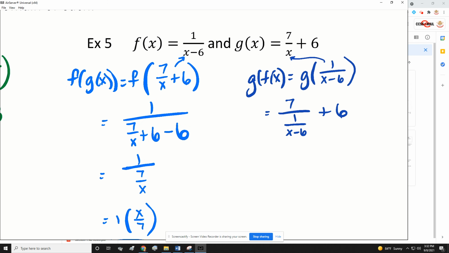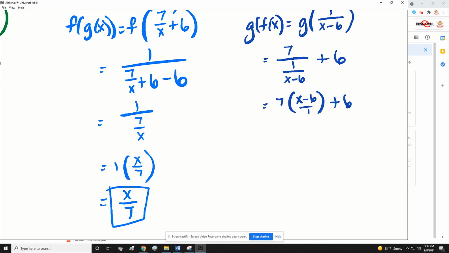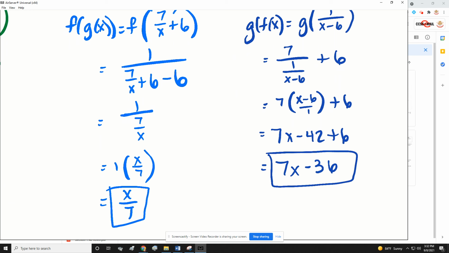I hate the way that looks, so let's fix it. We're just going to take 7 and then multiply by the reciprocal of that. So we get 7x minus 36. And we have a lot to talk about with the domain tomorrow with both of these problems.